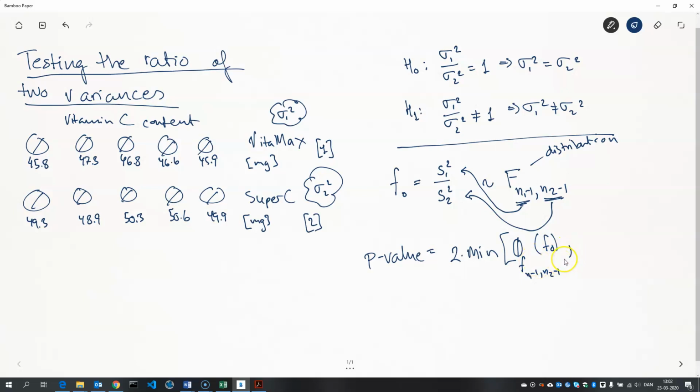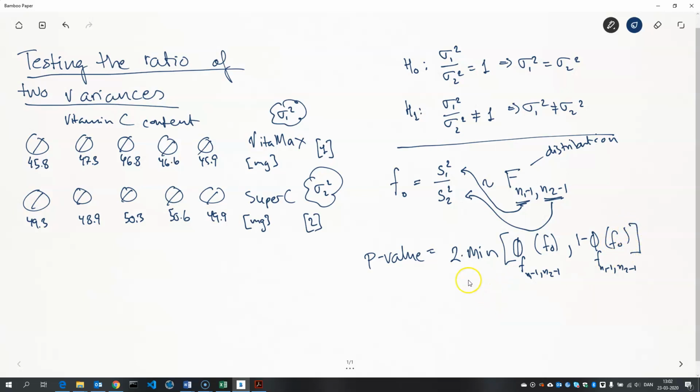The other value is 1 minus the cumulative F distribution with n1 minus 1 and n2 minus 1 degrees of freedom evaluated at the test statistic.